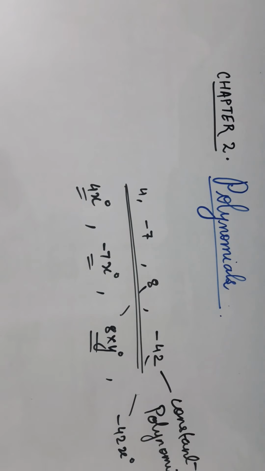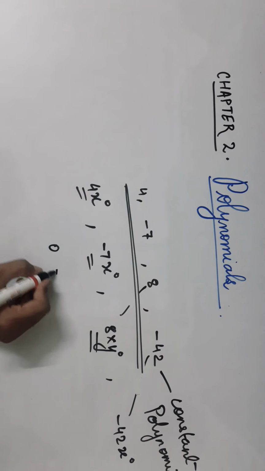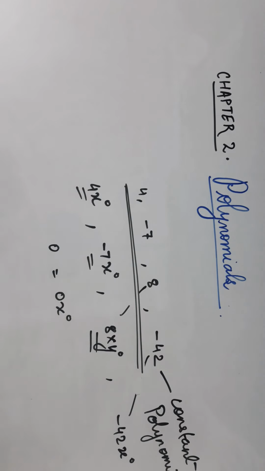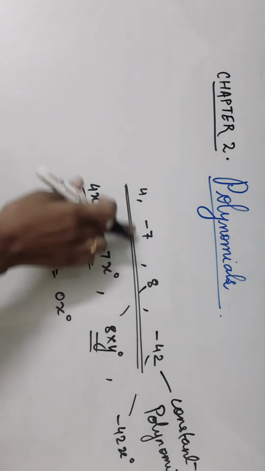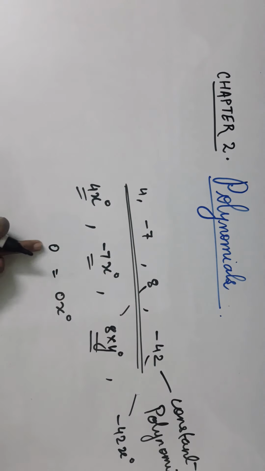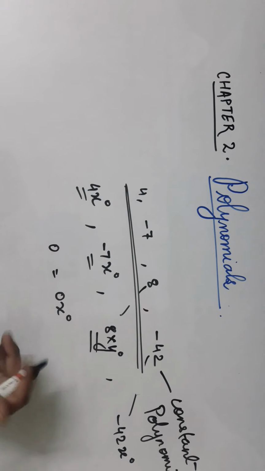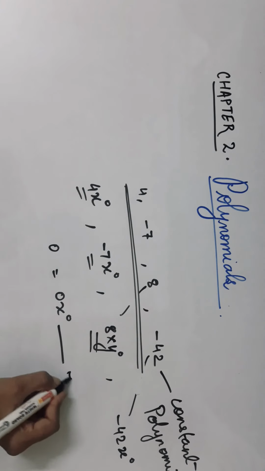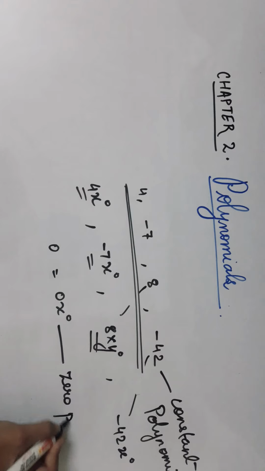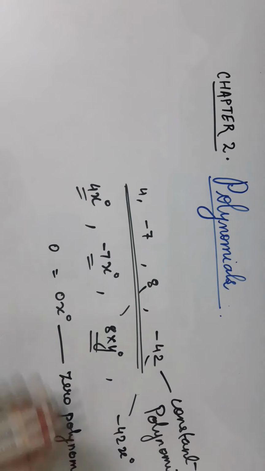Then there is one more constant polynomial, 0. 0 is also a constant value, and we can write this 0 as 0 into x raised to 0. Now since 0 is not having any value, unlike these constants which have some value, this polynomial is called the 0 polynomial.